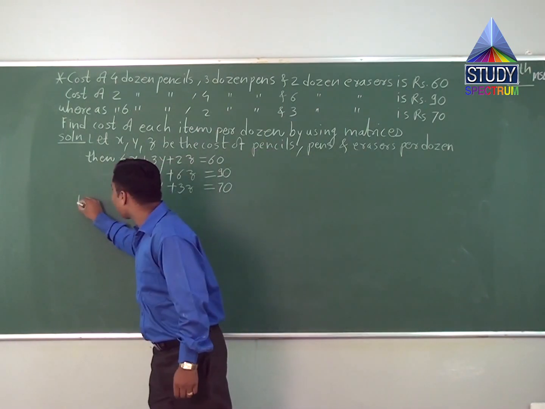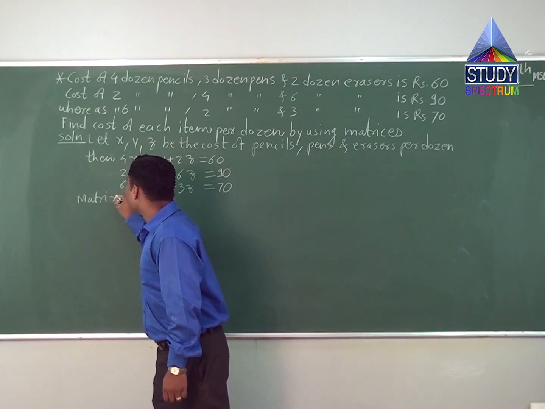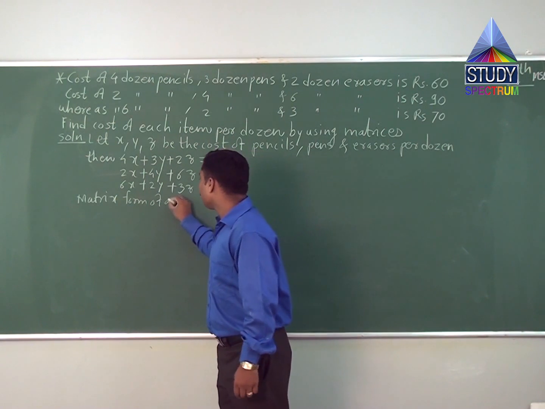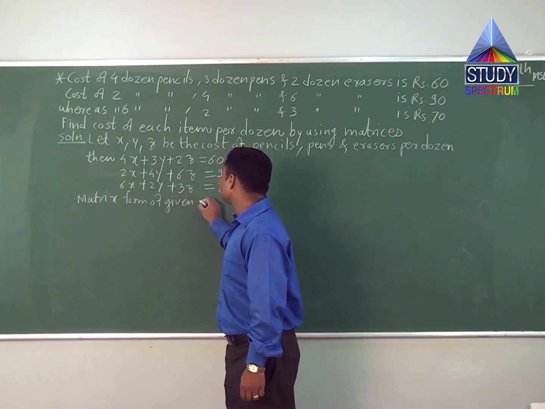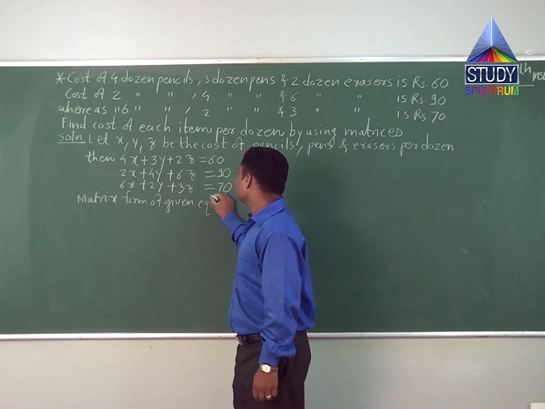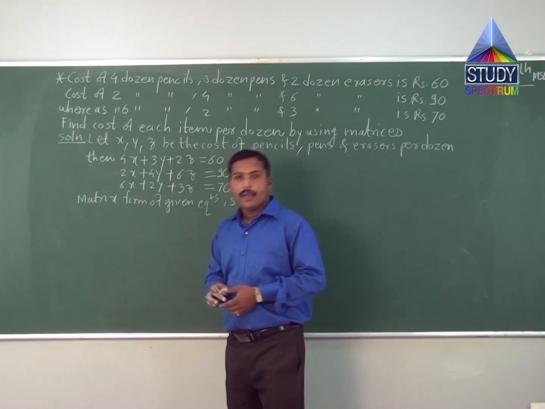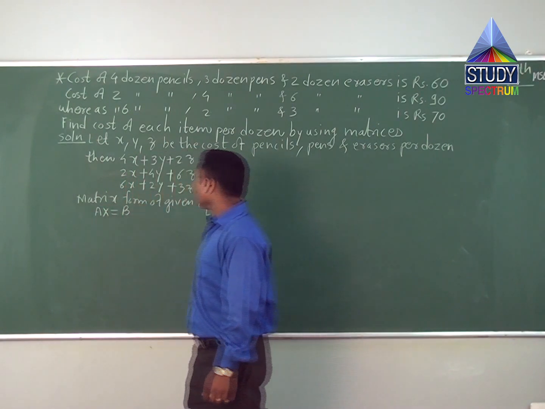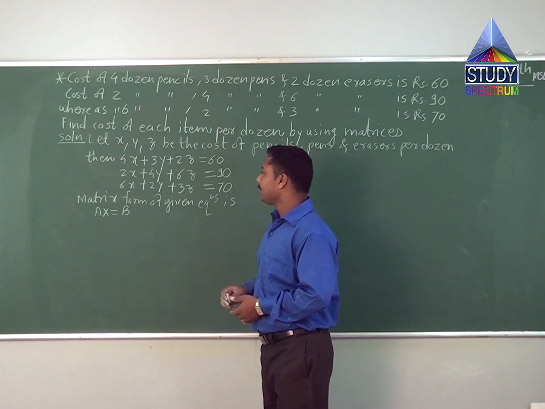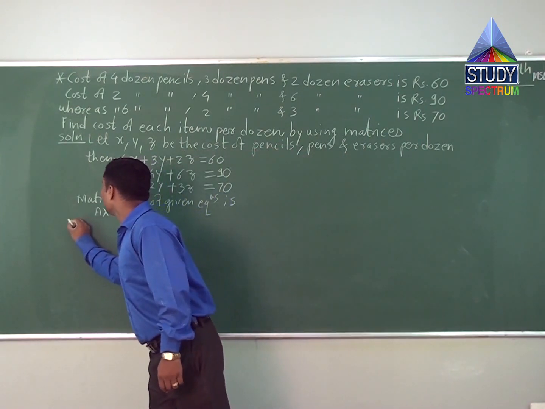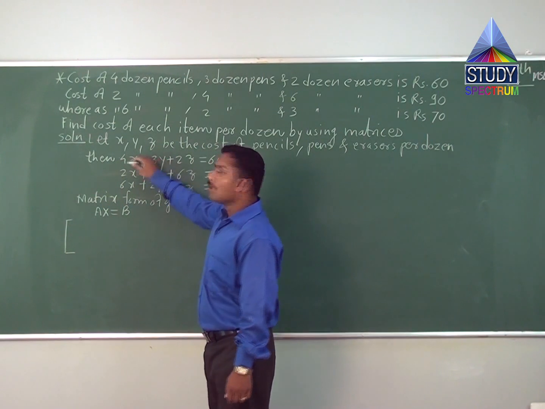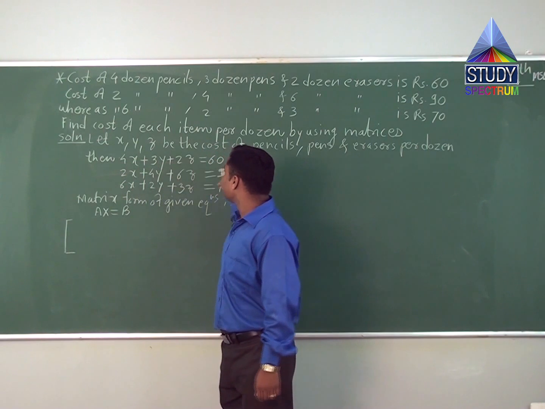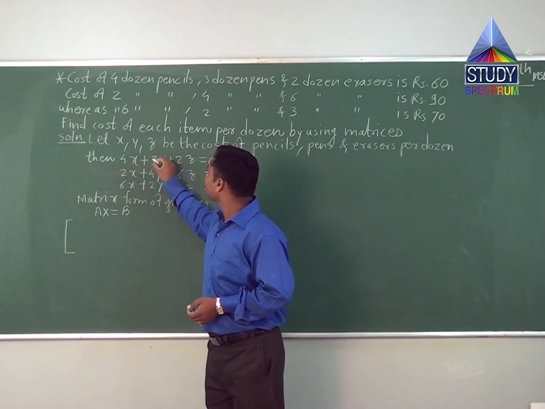So the matrix form of the given equations is Ax equal to b. So what is A? A is nothing but the coefficients of x, y, z. What are the coefficients of x, y, z in the first equation? 4, 3, 2.